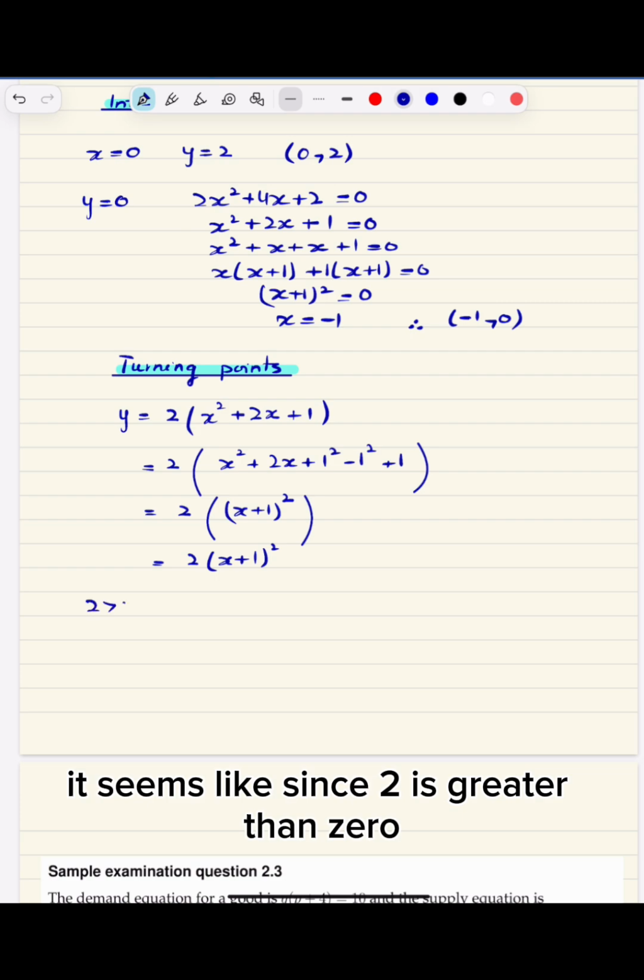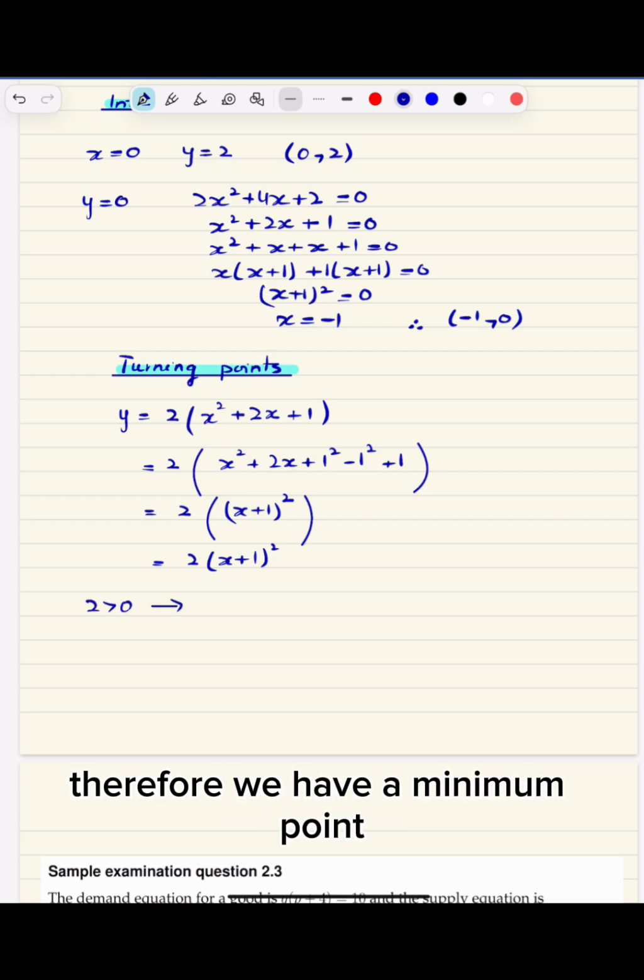Since 2 is greater than 0, it's a positive number, therefore we have a minimum point.